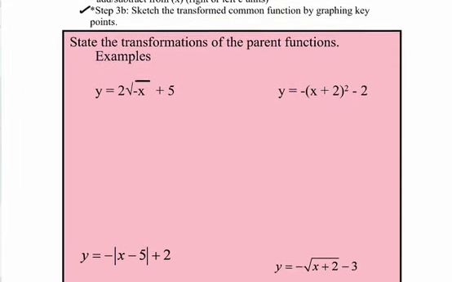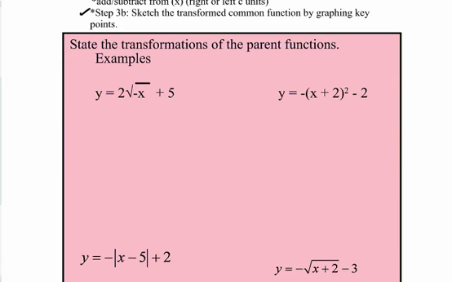First off, in our example number 1, we want to state the transformation of the parent function. Well, first, you have to identify what the parent function is. I'll call the parent function p of x. A parent function can be seen if you strip away all of the transformations: the multipliers, the negatives, and any adding and subtracting of values.